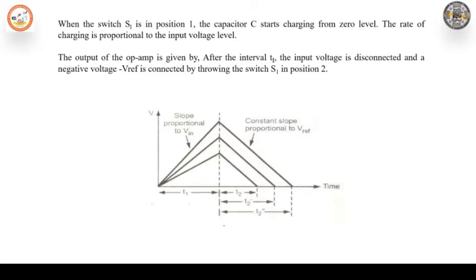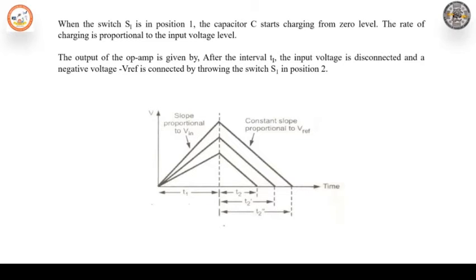As the output of the integrator changes from its 0 value, the zero comparator output changes its state. This provides a signal to the control logic, which in turn opens the gate and the counting of the clock pulses starts.